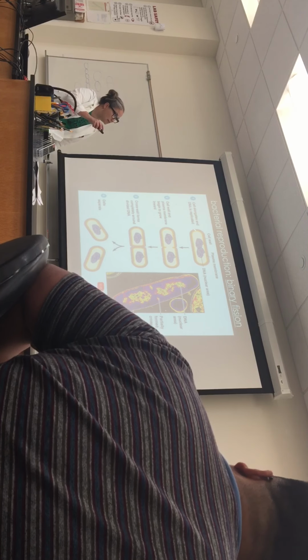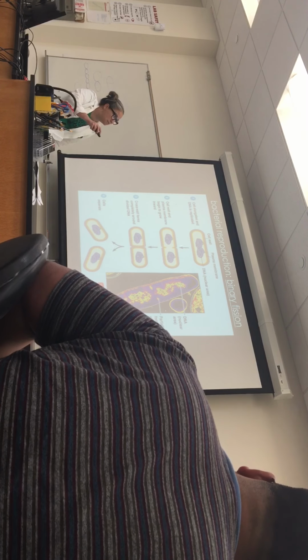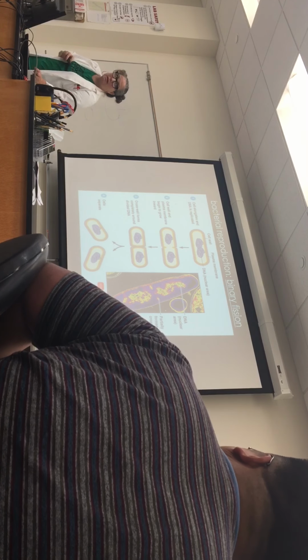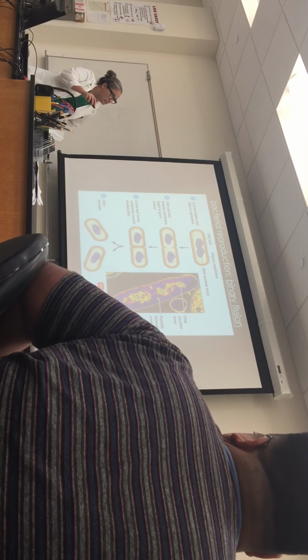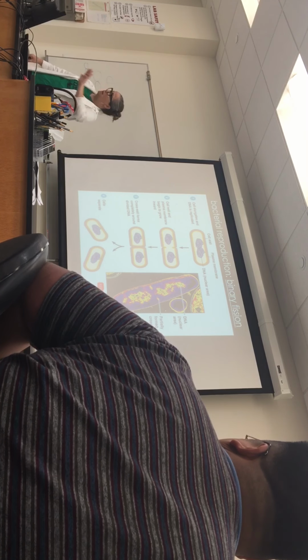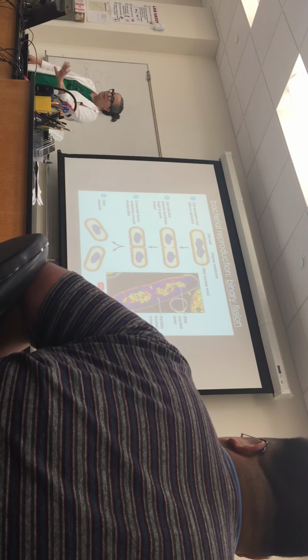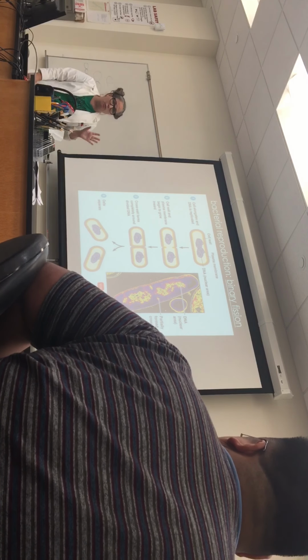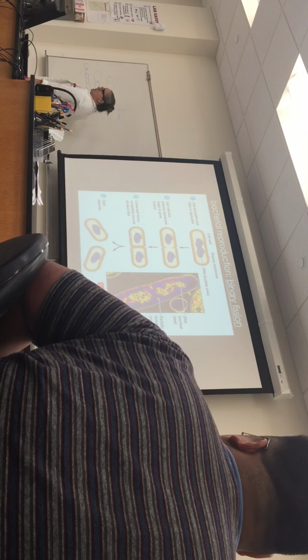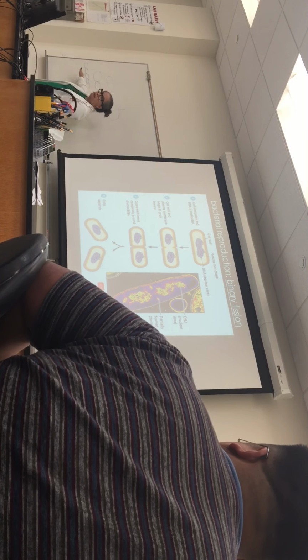The only way this cell is symmetrical is by dividing it on that plane right there. If I divide it on this plane, I will end up with 2 pieces of DNA in one and none in the other. And that is the underlying reason why you can only ever have single bacilli, diplobacilli, or streptobacilli.